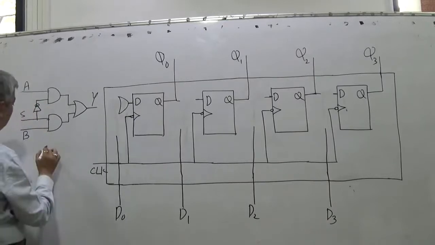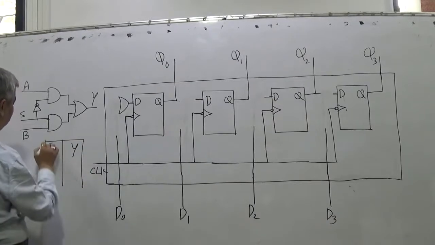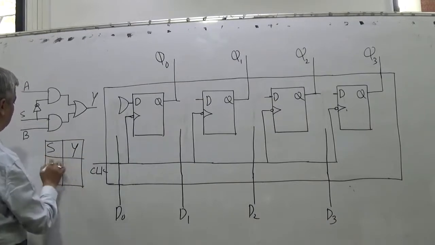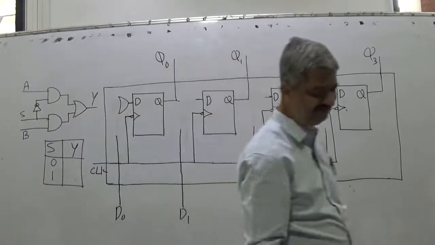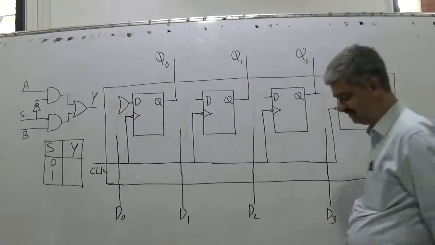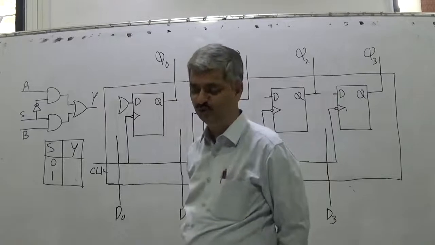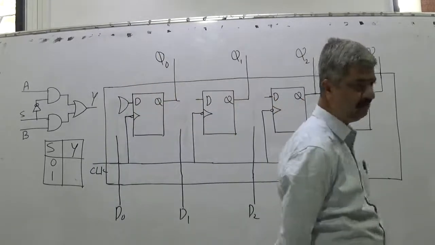Can you write the truth table between S and Y? When S is 0, when S is 1, what will happen? I will explain. In fact, this is called a multiplexer, that is required in this discussion. Those who want to try on their own can press the pause button, think on their own, and come up with the answer.